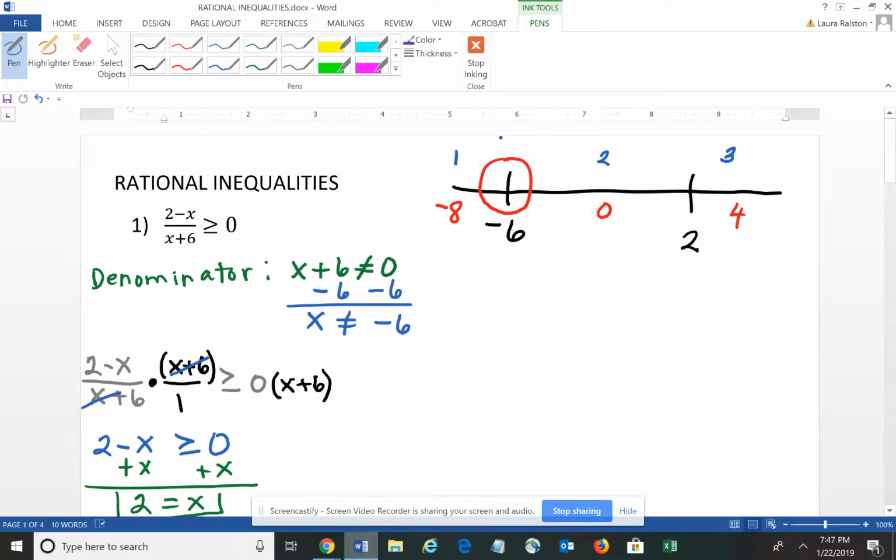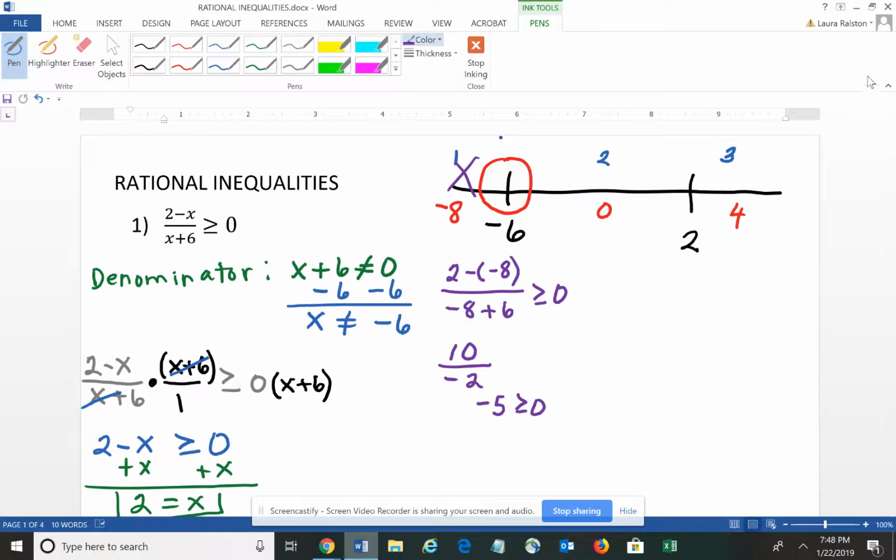I'm going to begin with negative 8 in the original problem. So I would have 2 minus negative 8 over negative 8 plus 6. We want that to be greater than or equal to 0. 2 minus negative 8 is 2 plus 8, or 10. Negative 8 plus 6 is negative 2, which ultimately gives me negative 5. Negative 5 is not greater than or equal to 0, so this region doesn't work.